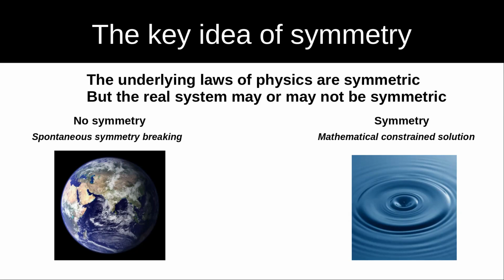And this is the case of spontaneous symmetry breaking, which is also an extremely important notion in collective quantum matter. So today we are going to focus on these two cases. First, how we can use the breaking of symmetry to learn something about materials, and the spontaneous breaking of symmetry. And second, how we can use the presence of symmetry to understand something about the solution of some complex quantum mechanical problem.